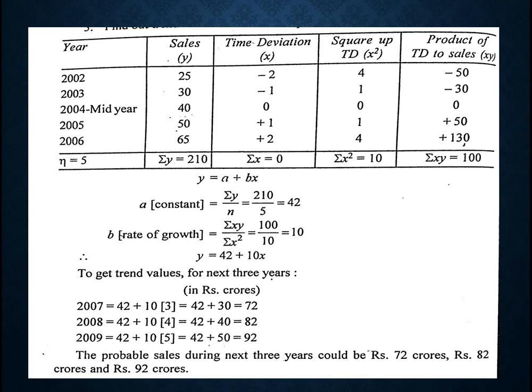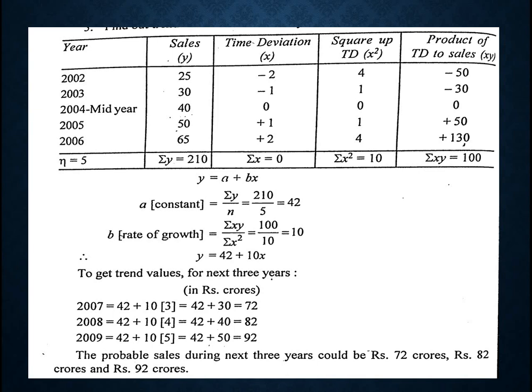Next we write the sales, which is represented as y. These x and y values are given just to make the calculation easy to understand. Sales are 25 for 2002, next 30, next 40, next 50, and 65 for the year 2006. So this is the data already given in the problem.